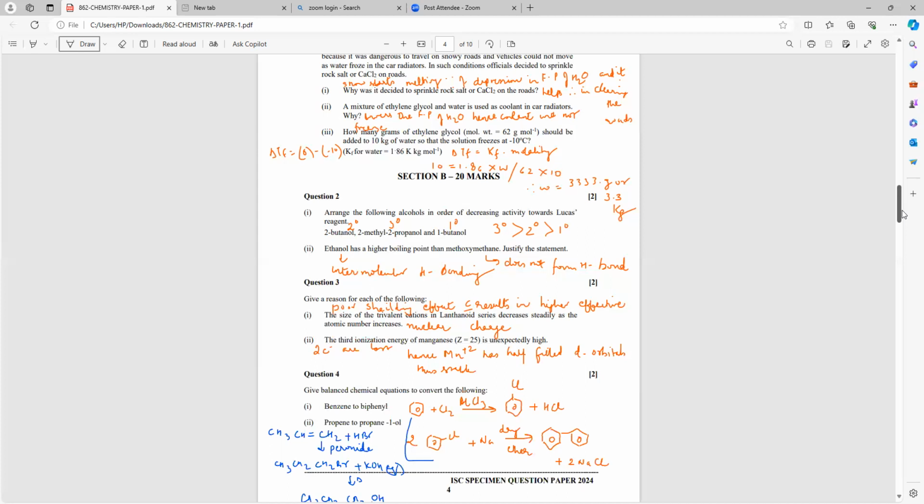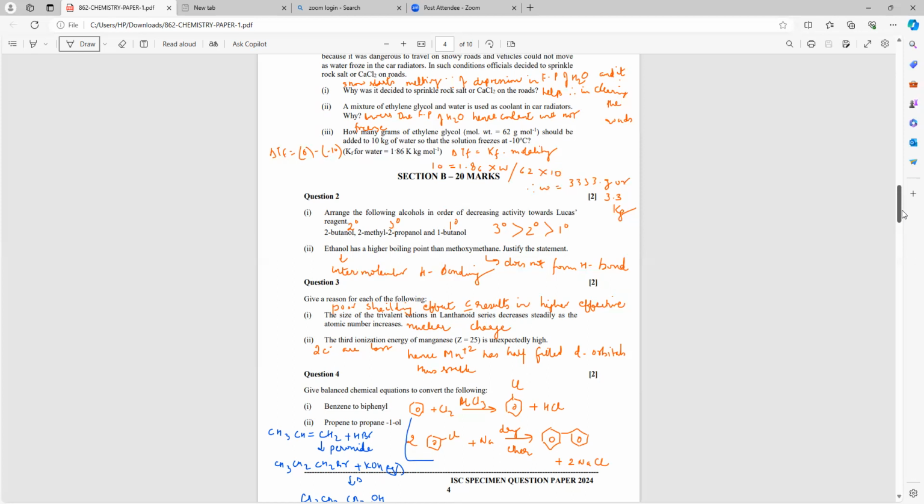So if I have to arrange, I will arrange as tertiary, then secondary, and then primary. I have already numbered these given alcohols, so you can see and arrange. Second part says ethanol has a higher boiling point than methoxymethane. Justify the statement. Simple.